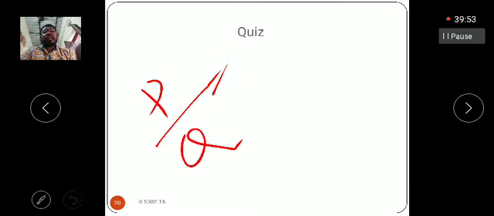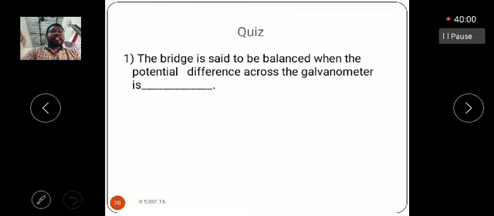Here we have some small quizzes related to this topic. The bridge is said to be balanced when the potential difference across the galvanometer is: 2 volts, 1 volt, 3 volts or 0 volts.